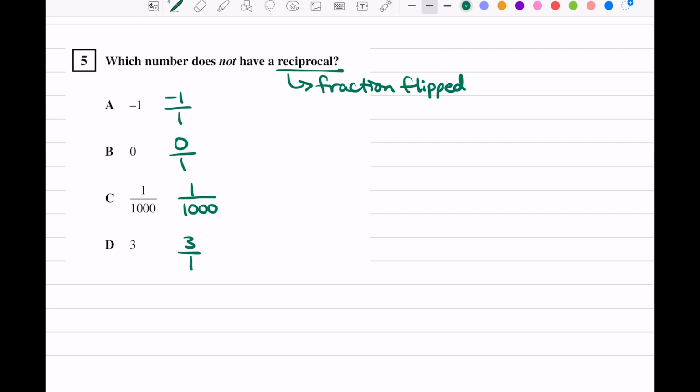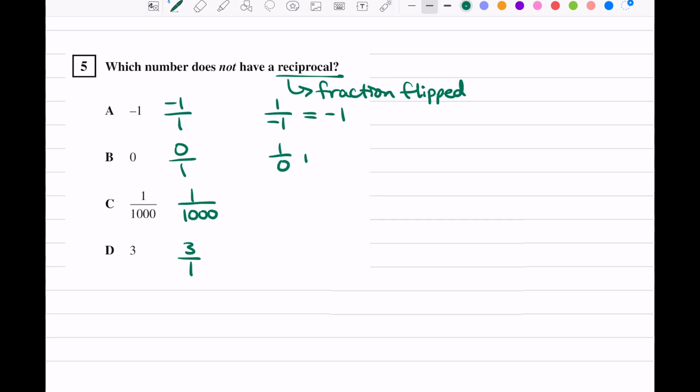So the reciprocal of each of these options would just be the fraction flipped. So instead of -1 over 1, we have 1 over -1. And that equals -1. For 0 over 1, we just flip that to get 1 over 0. So we could say that 1 over 0 is meaningless. And since 1 over 0 is meaningless, we say that 0 does not have a reciprocal.